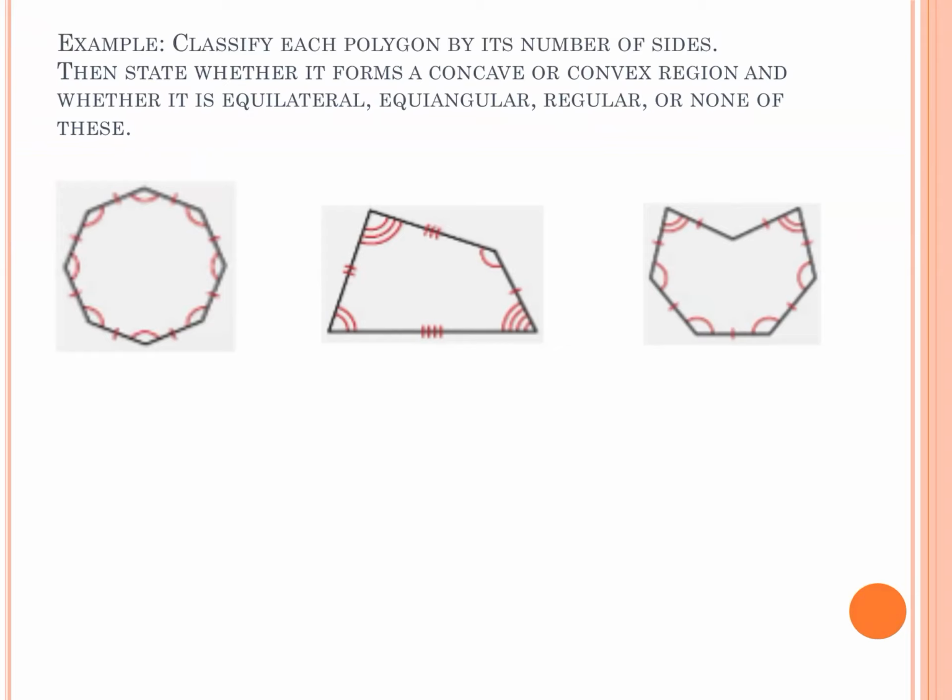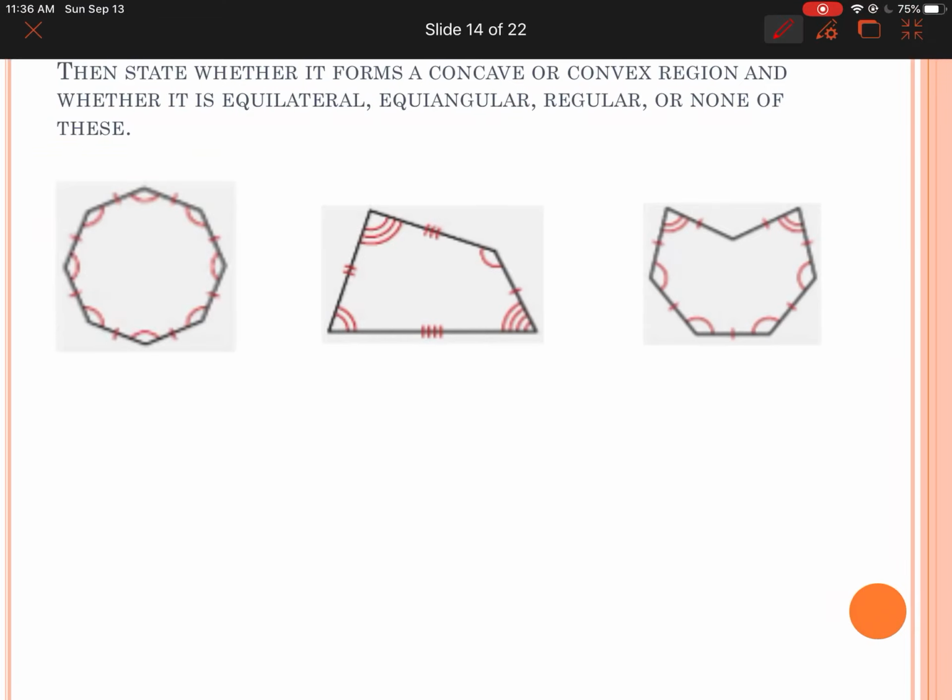Classify each polygon by its number of sides. So that's the first thing. Then state whether it forms a concave or convex region. And lastly, if it's equilateral, equiangular, regular, or none. So let's classify them, starting with this first one. Directions get covered up a little bit, but we have 1, 2, 3, 4, 5, 6, 7, 8. 8 sides, so it's an octagon.